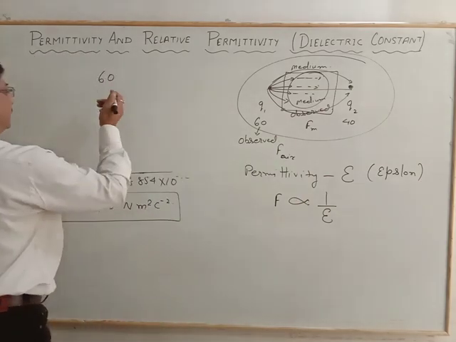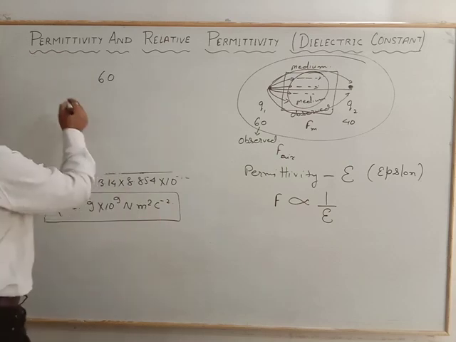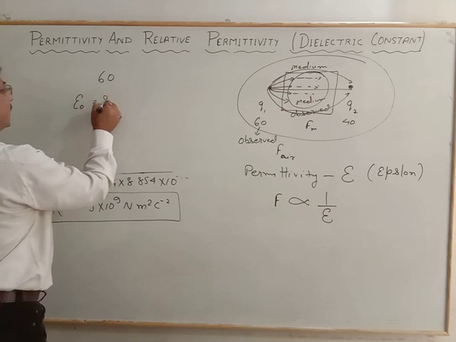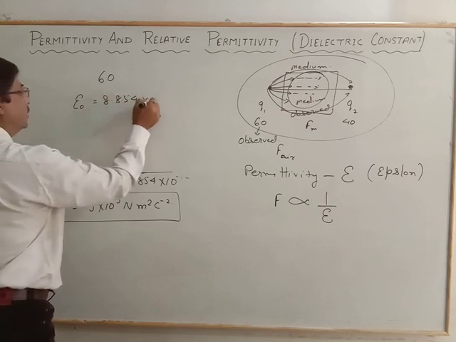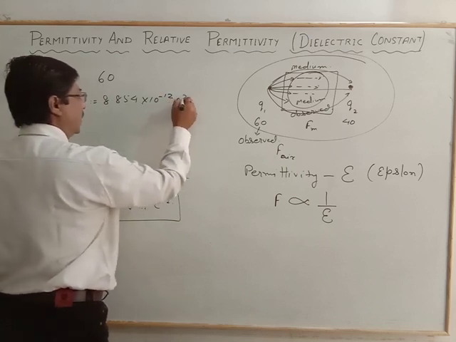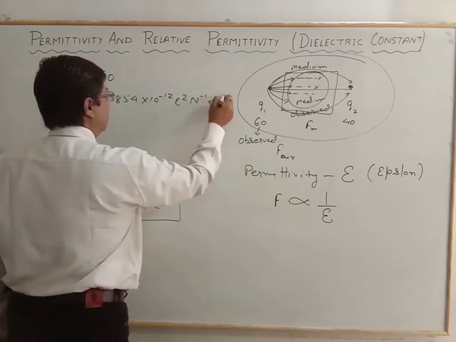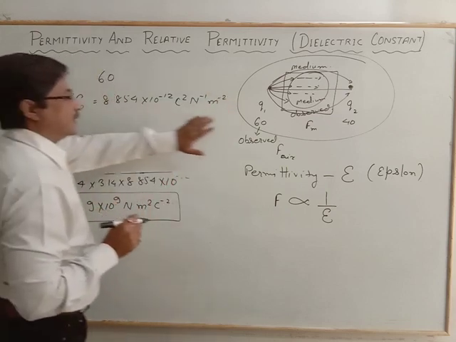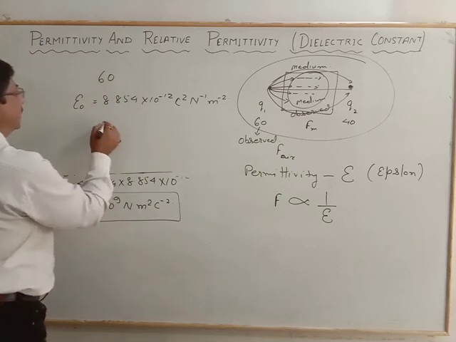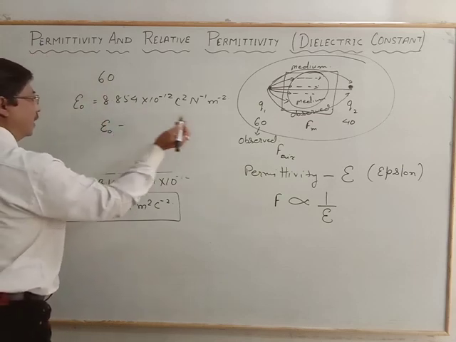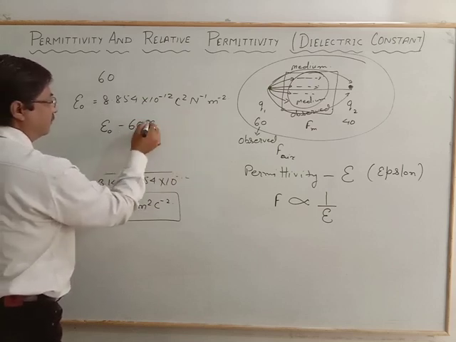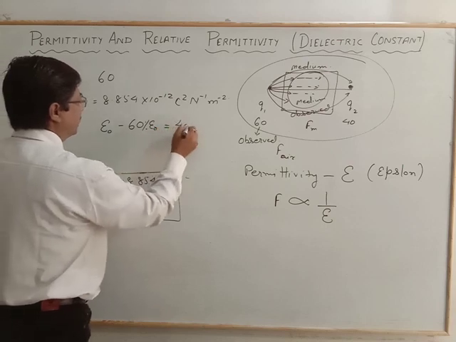So in that case, if we consider that epsilon naught is equal to 8.854 into 10 to the minus 12 in air, per Coulomb square per Newton per meter square. And if we consider that 60 will be absorbed and 40 remain, in that case we will write epsilon naught minus 60 percent of epsilon naught, and that will give 40 percent of epsilon naught.